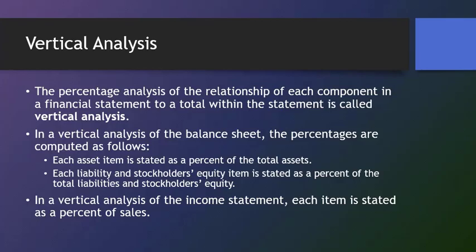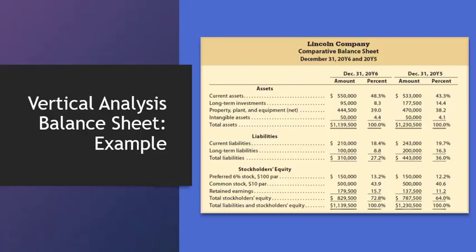Okay, so let's look at an example. All right, this is an example on the balance sheet. So again, total assets is your 100% mark. And again, because total liabilities and stockholders' equity is the exact same amount, that's also 100%. But for each of these balances, okay, current assets, 550, divide by total assets, it's 48.3%. What this tells us is of our total assets, 48.3% of them are current assets.